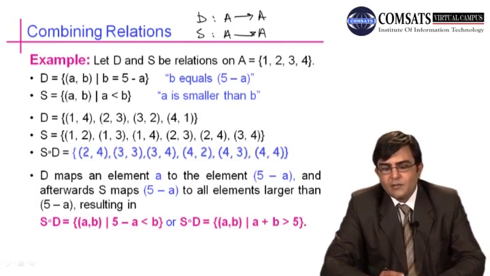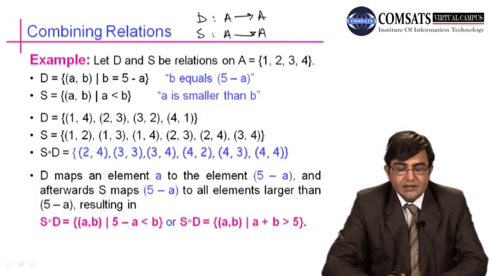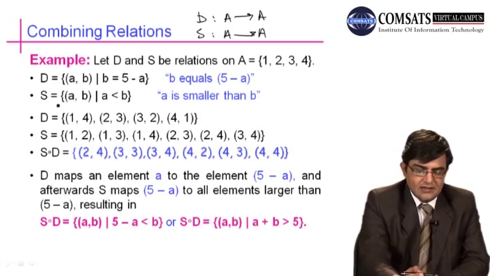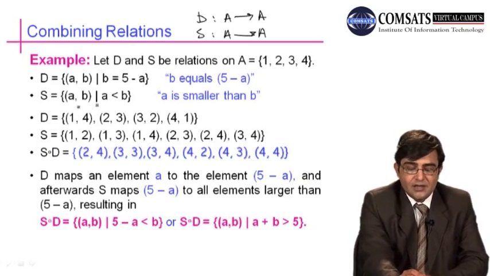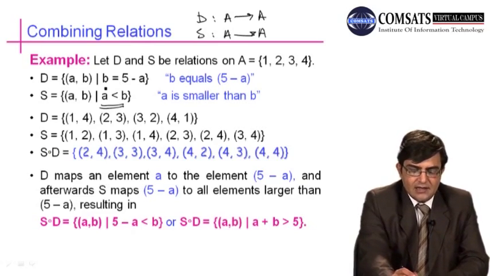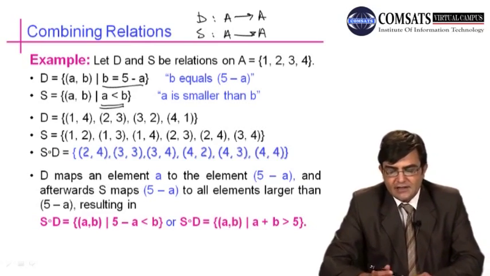So this is the relation between the elements of the ordered pairs in D. S is another relation we have already discussed. S contains the ordered pairs which are elements of A cross A such that a is less than b. This is the rule defined in S, and the other is the rule defined in D.